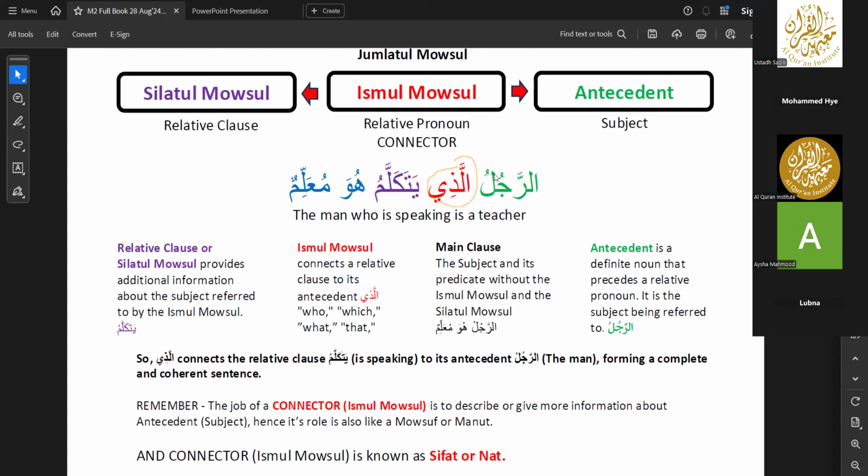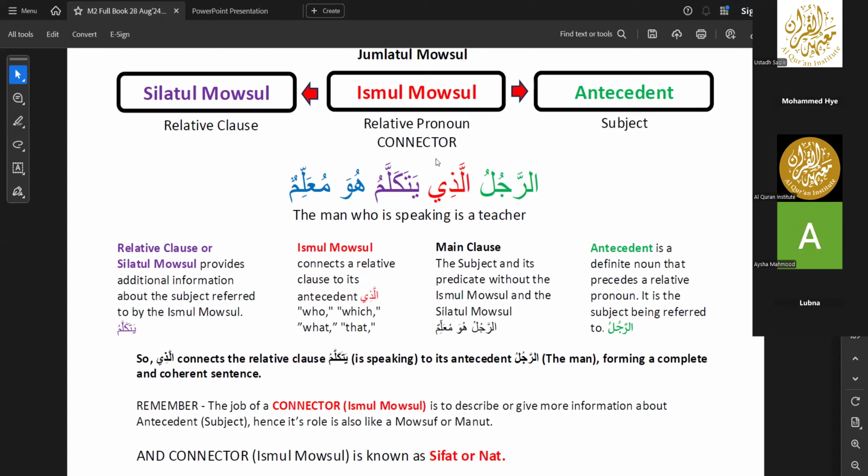The reason I'm going in this order is because I don't want to get confused with the order. So the silatul mawsul connects to the subject, and you're right, it is referring to the subject referred to by the ism mawsul. And what is the ism mawsul? The connector. You would remember this is a construct of Arabic.